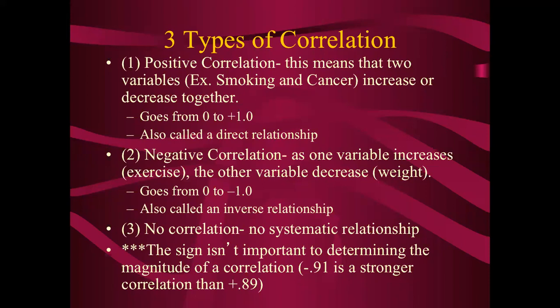So if we were to ignore option A because a correlation can only go from 0 to 1, what do you think is the better of the choices? Negative 0.99, positive 0.98, positive 1.00.